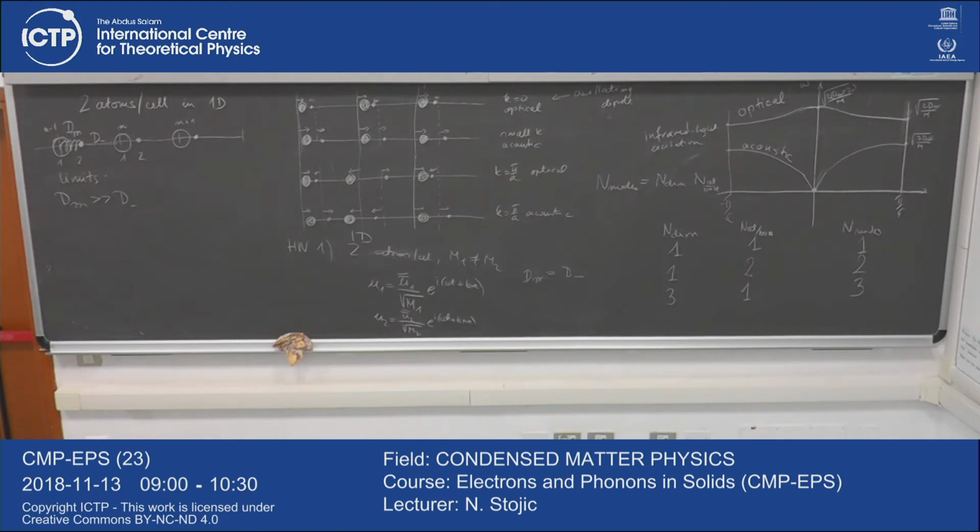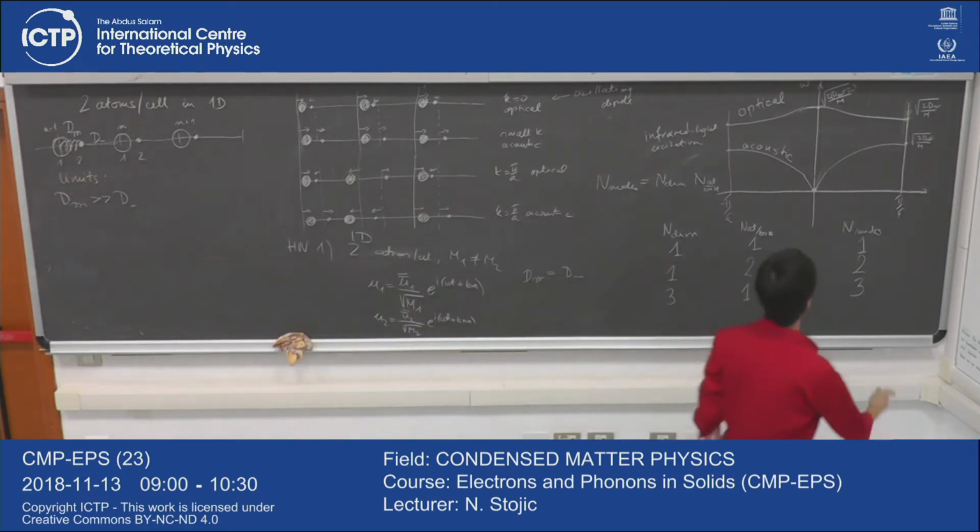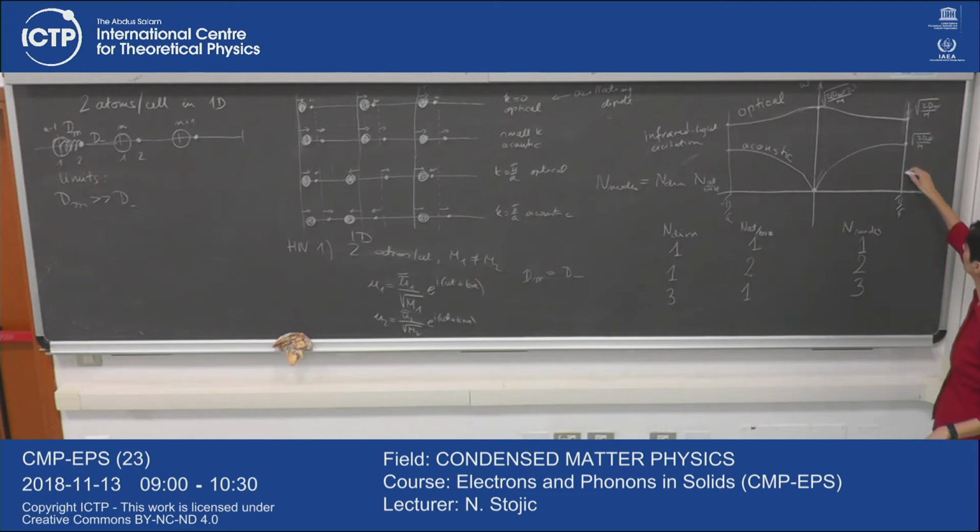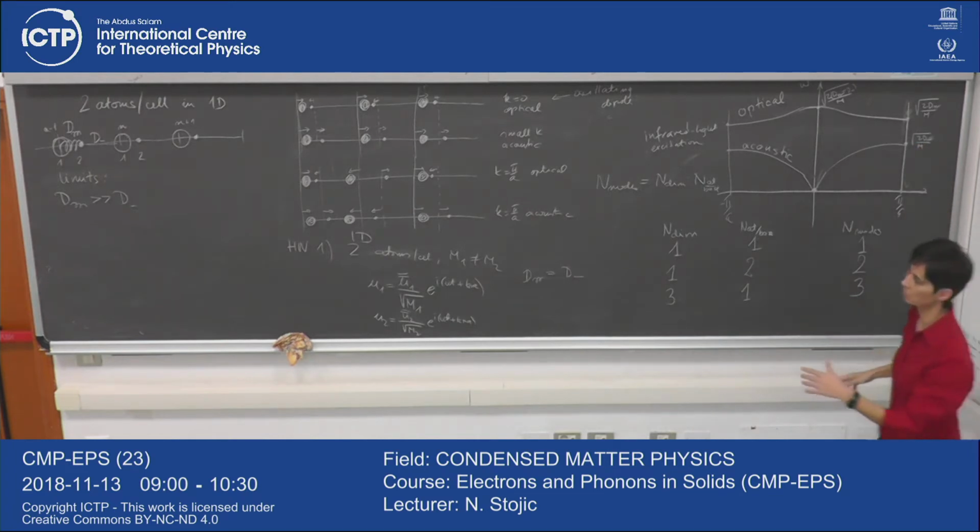What do you get? Just look at this picture. These guys are strongly bound to each other. Only acoustic. Oh no. Well, and they are decoupled. This D weak is very low. So this guy goes down.